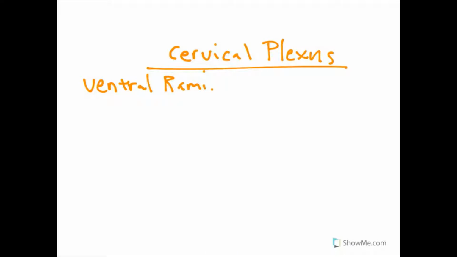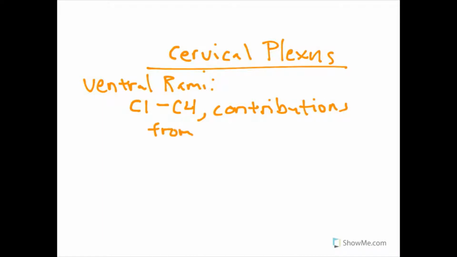Well, the roots of each nerve plexus are actually the ventral rami. And the ventral rami here, the nerve roots are C1 through C4, but then there are actually contributions from C5. C1 to C4 with contributions from C5 nerve root. Now, I will actually get into these and show you what these are.